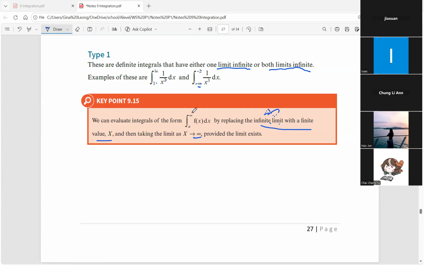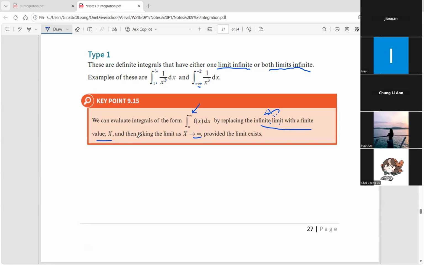That means this infinity, you need to change with a finite value. Just now I said a finite value is like 1, 2, 3, 4, 5. I don't know what the value is, so I just put x.